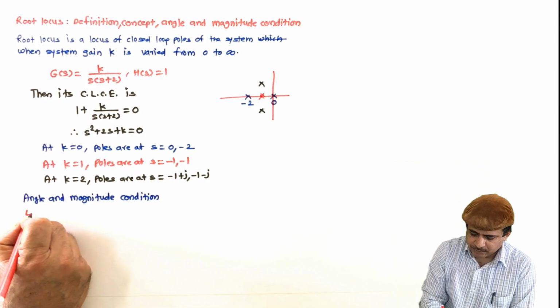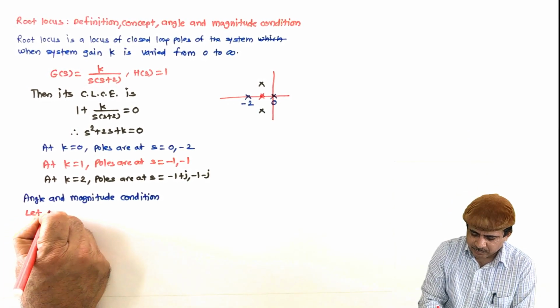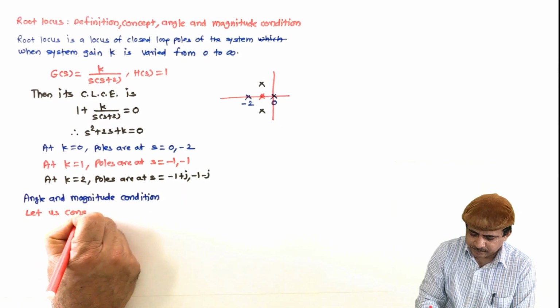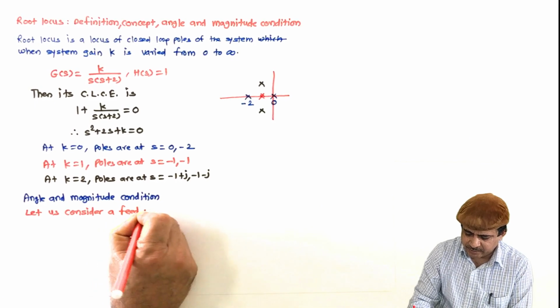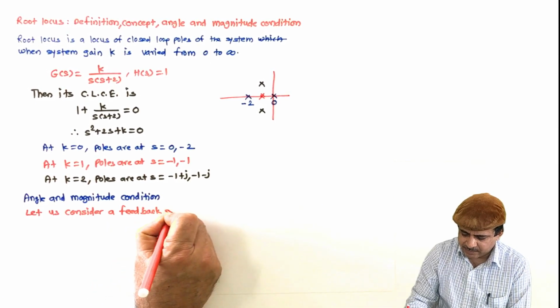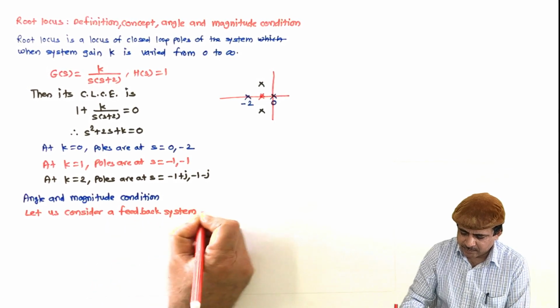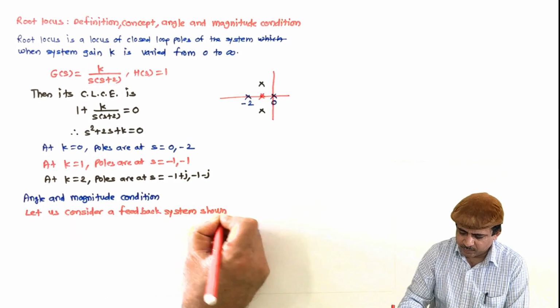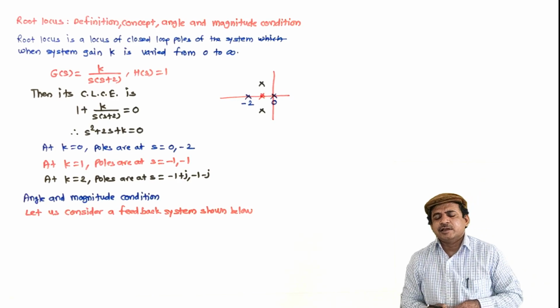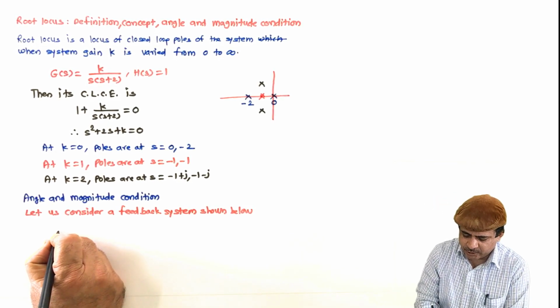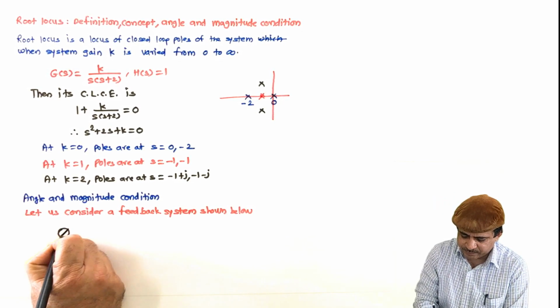So let us consider a feedback system, obviously negative feedback, shown below. We will consider a system having forward path function G of s and feedback function H of s.